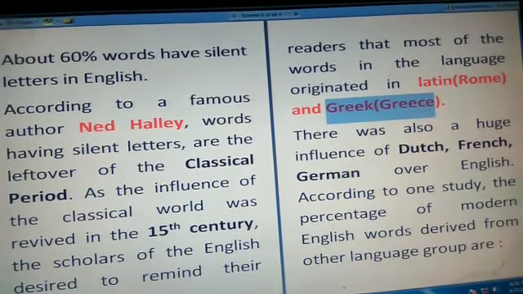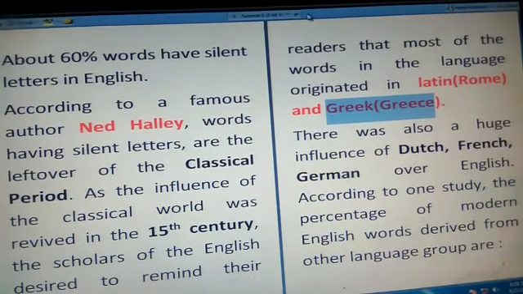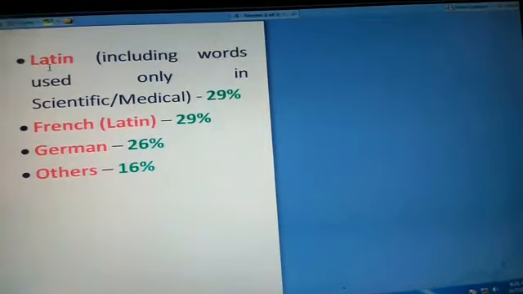There was also a huge influence of Dutch, French and German over English. According to one study, there are many groups of languages which have had an influence over English. I'm going to tell you by percentage.